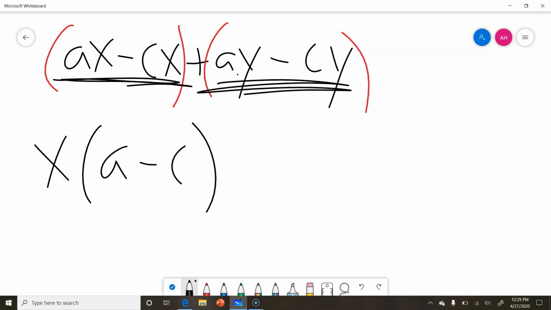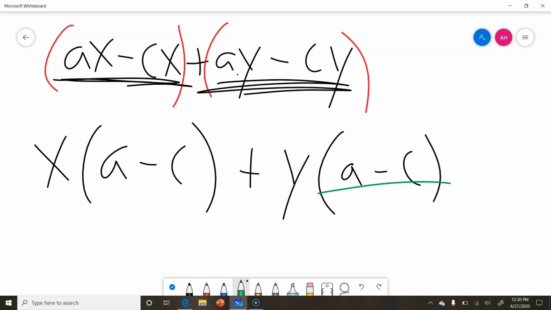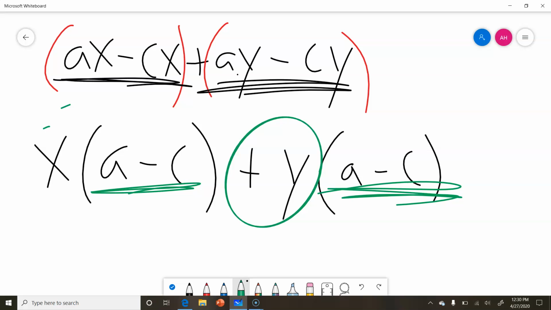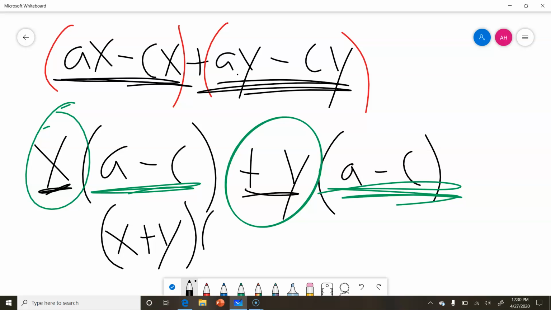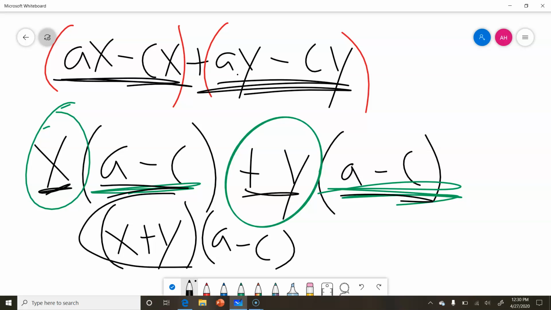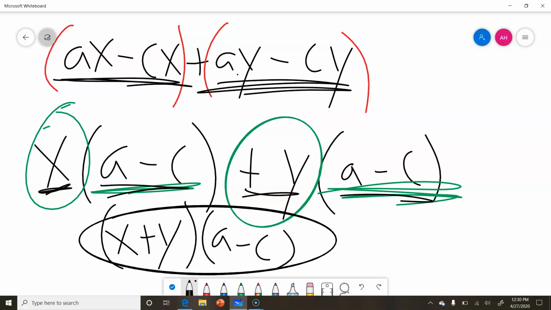They have a y in common, so I have plus y, and I take that out, and I have a minus c. Now again, I know I did it correctly because I have the a and the c, and the a and the c, and I have the y and the x. So all I do to write my answer is take this x and this y, and do x plus y, and then I'm left with a and c, so I do a minus c, and there's my final answer, x plus y, and a minus c.